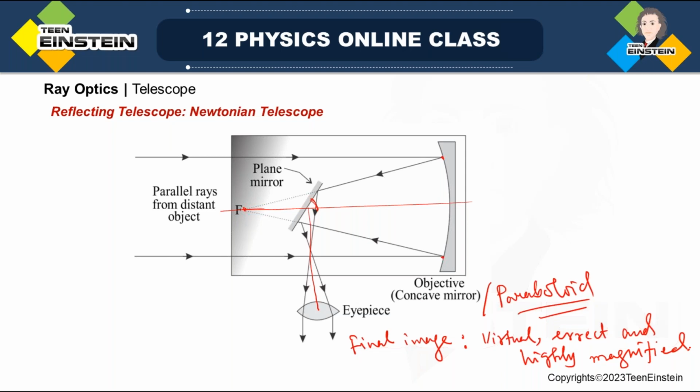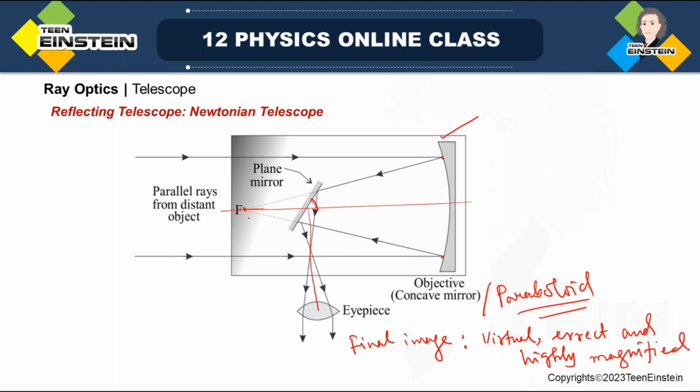So what was the modification made compared to the refracting telescope? This is the modification. Okay, the concave mirror. Not only the concave mirror, even this plane mirror is being used to take away the rays before they meet over here and create an image.